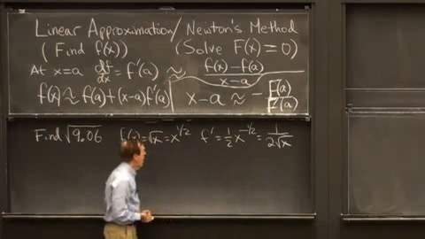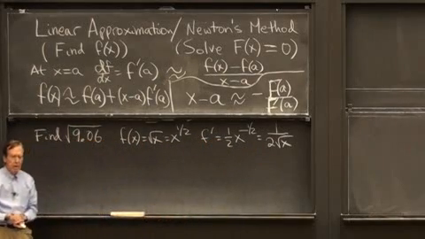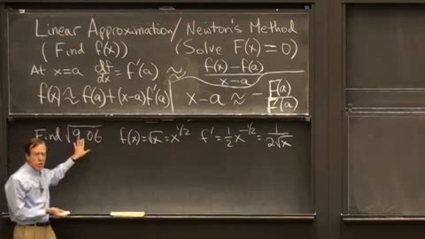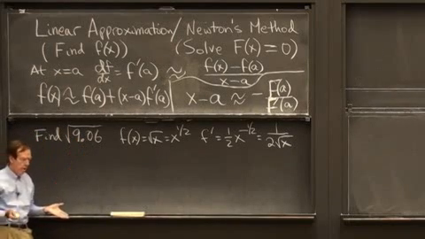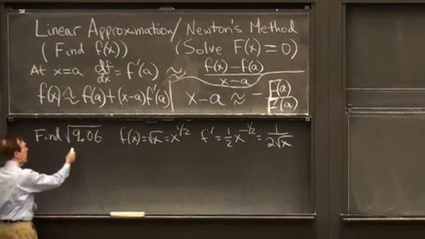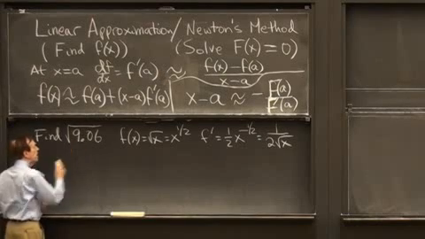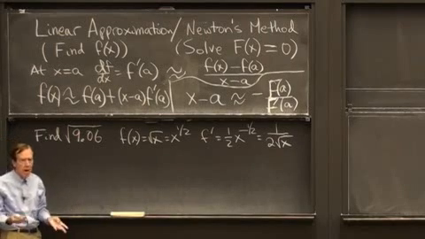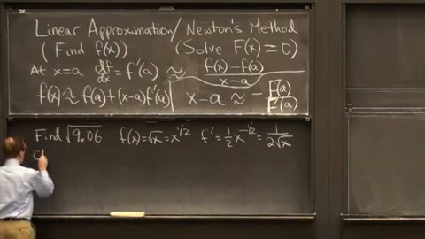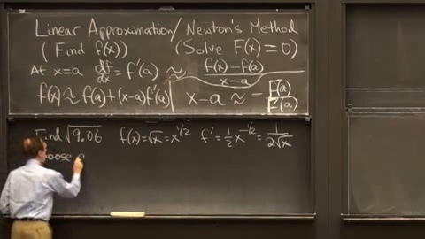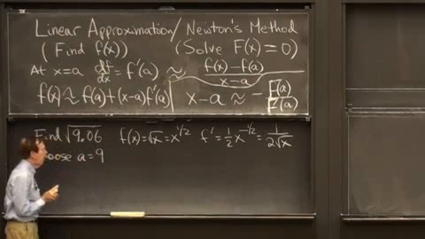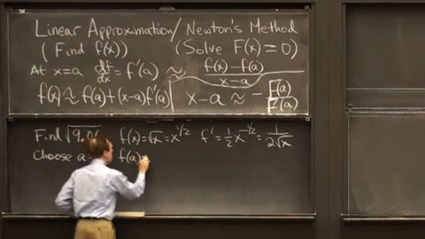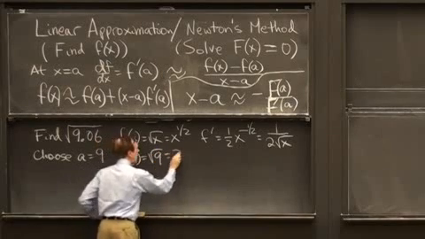Good. I know my function, I know its derivative. Now I pick a point A, which is close and easy. I'm looking for a point A which is near 9.06 and has a nice square root. Well, 9. So I'll choose A to be 9. The correct value, f at the point A, is the square root of 9, which is 3.